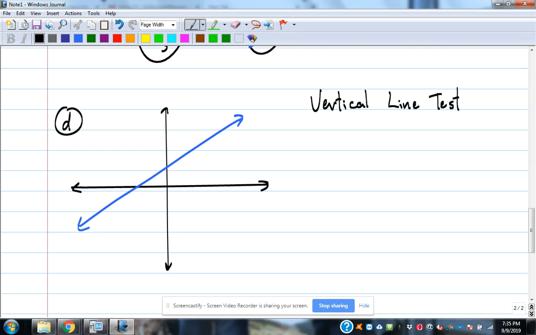So if I take a vertical line and drop it right here, how many places does that touch the blue line? One. Is there anywhere I can drop a vertical line on that and have it touch twice or more? No. So this one passes the vertical line test, and yes, it's a function. That's how we can test a graph.